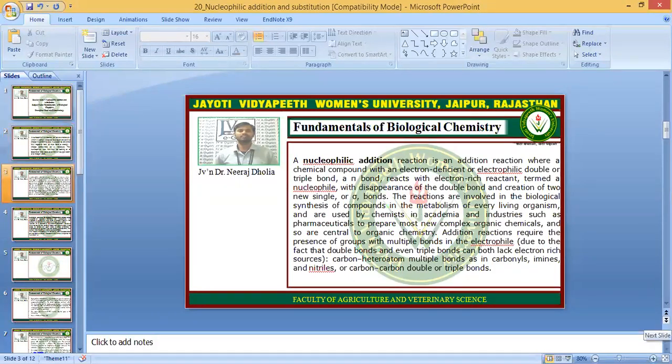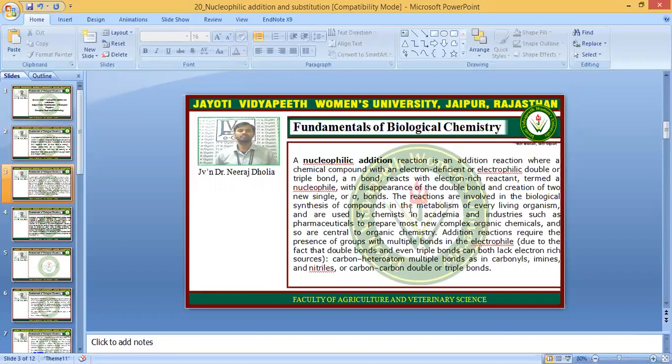So let's talk about nucleophilic addition. It is an addition reaction where a chemical compound with an electron deficient or electrophilic double bond or triple bond, a pi bond, reacts with an electron-rich reactant termed the nucleophile, with disappearance of the double bond and creation of two new single bonds.